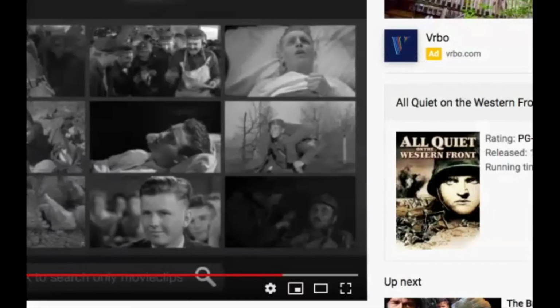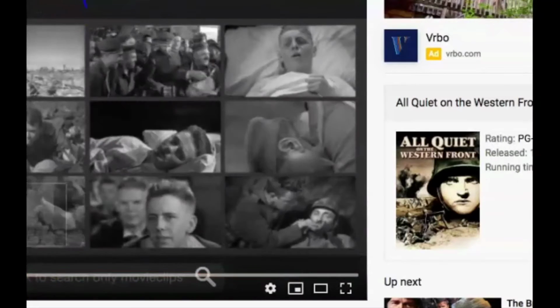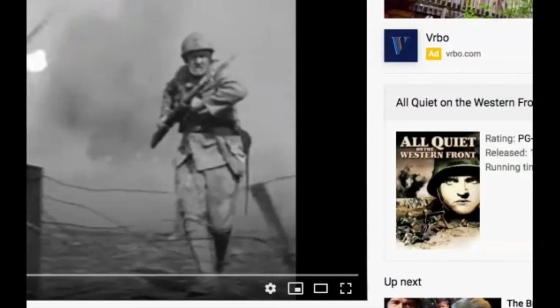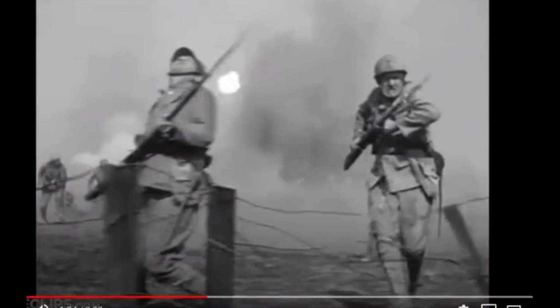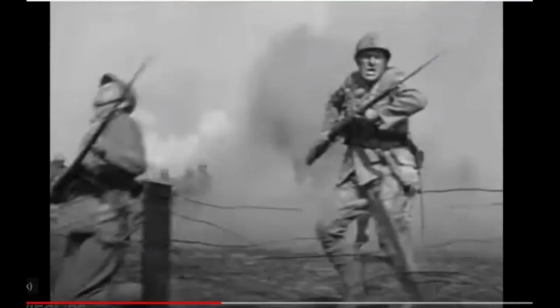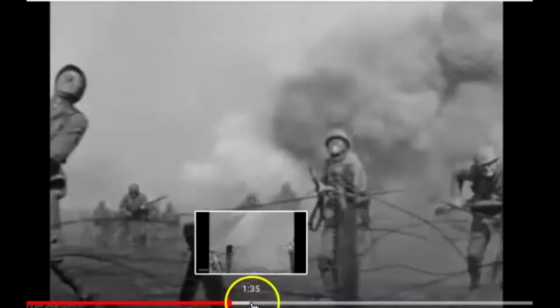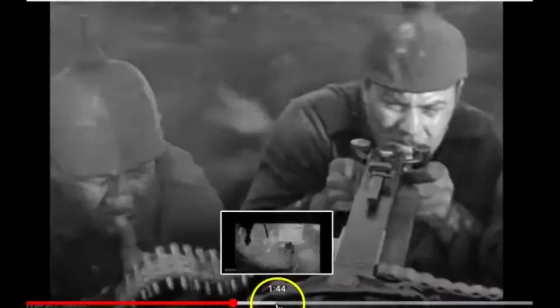So for example, and this is just a quick example, if you look at the film, look how this is a wide shot.